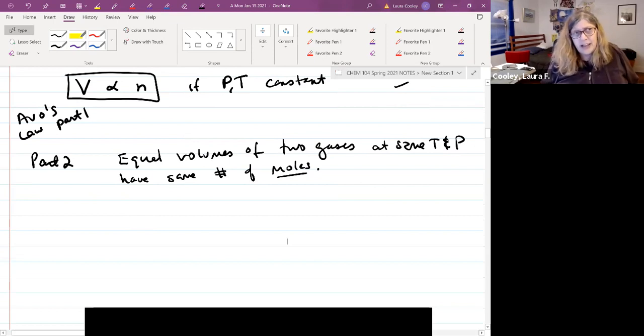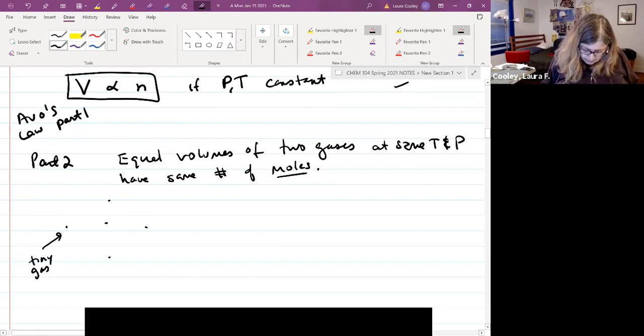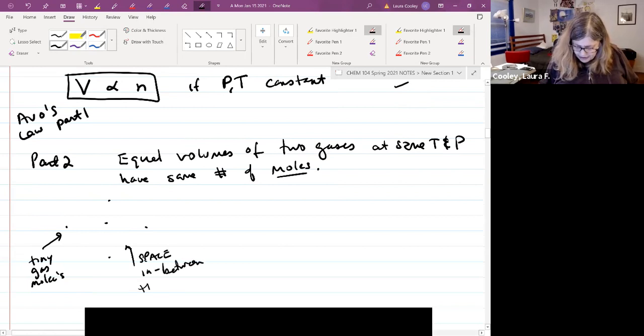And the volume of the gas is not really determined by the identity of those tiny little gas particles. You have these tiny, tiny gas molecules, and actually those dots are way bigger than what a gas molecule is. What it really is, is the space in between that matters. And that space is very much affected by pressure and temperature, but not by the identity of the gas.